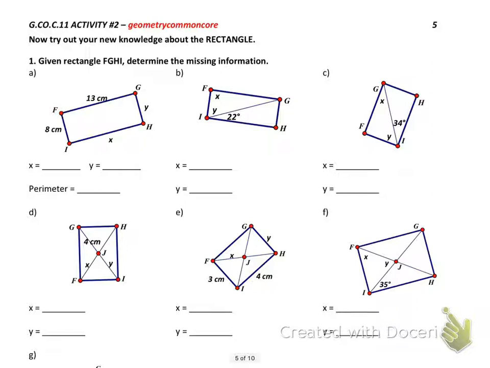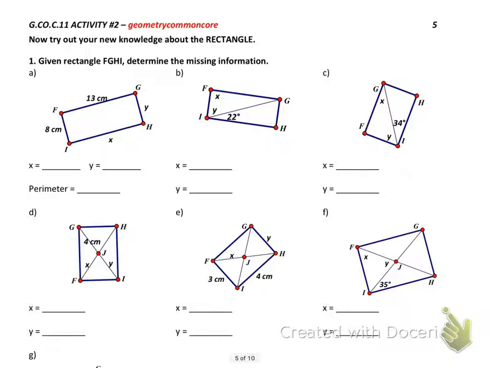So if we're looking at E, are we looking at sides, angles, or diagonals, or a mix? A mix between what? Sides and diagonals. You can see we've got information on the sides, but we're solving for some distance on the diagonal.